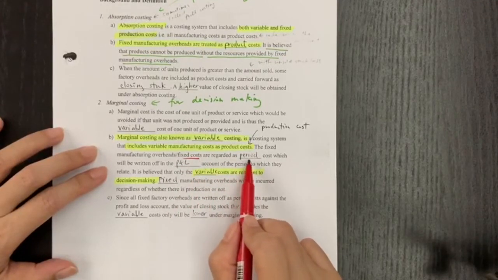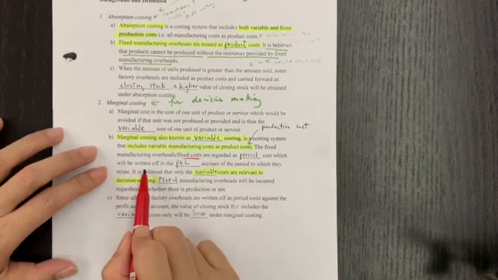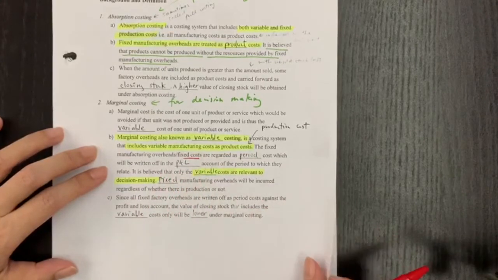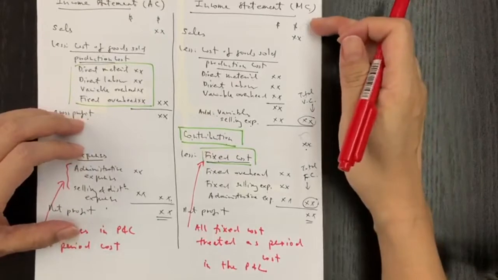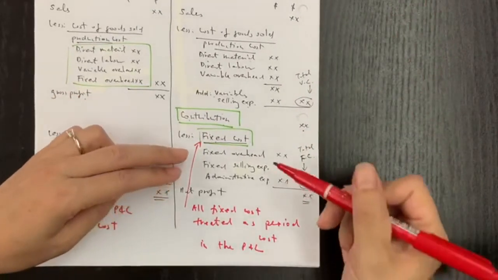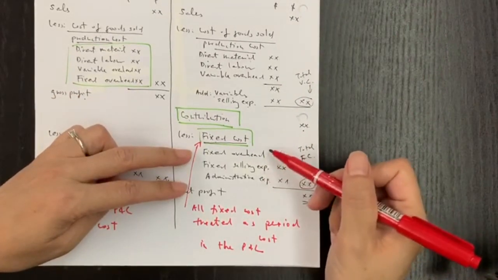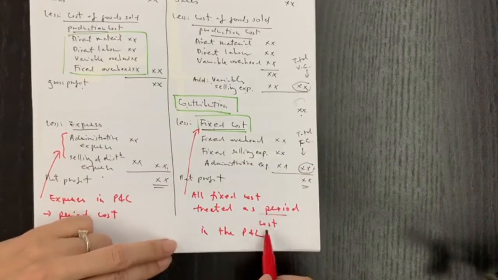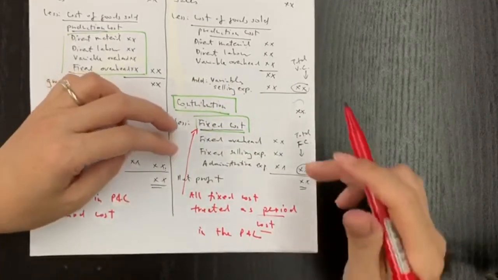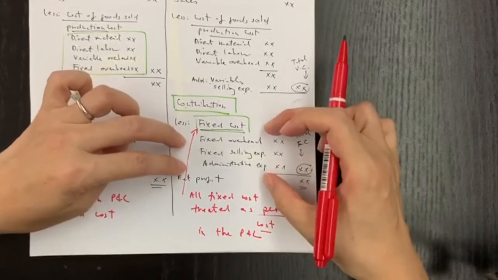We treat them as period costs, which will be written off in the profit and loss. So this is under the marginal costing system. All the fixed costs, which are not relevant to decision making, will be treated as period costs in the profit and loss. That's why we show the fixed costs in this way.